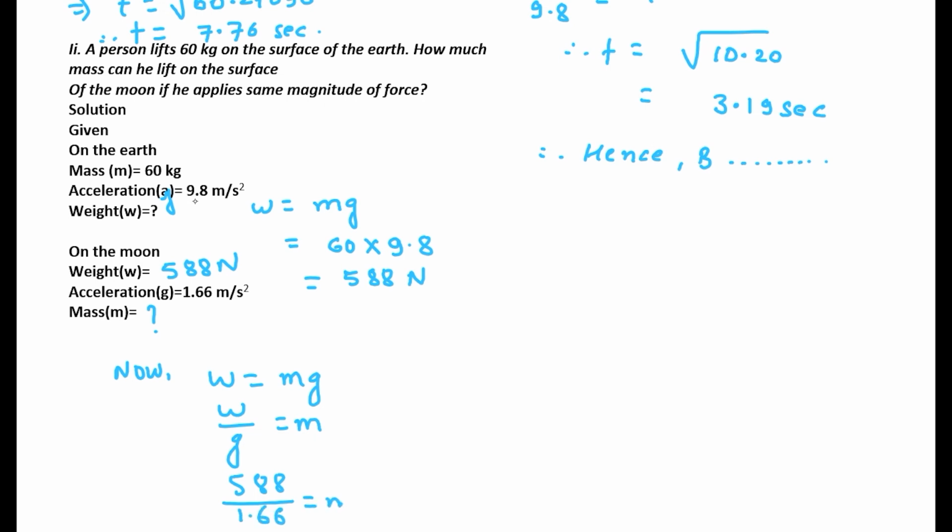Therefore mass equal to 588 divided by 1.66. So the required value is 354.21 kg. So this is the required mass a person can lift on the moon surface.